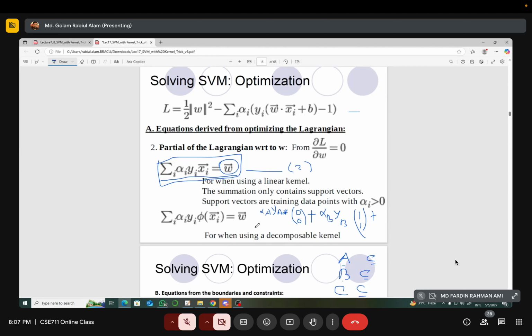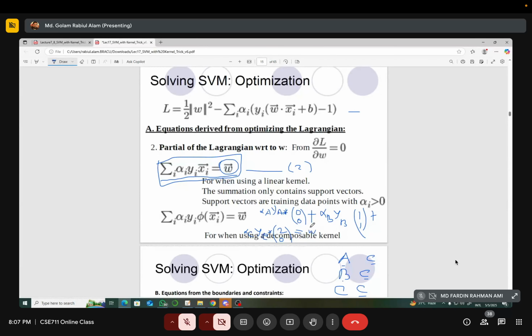Another term is alpha c, so alpha c, yc, and xi. So xi is our c. C is 2 0. So this is equal to w.